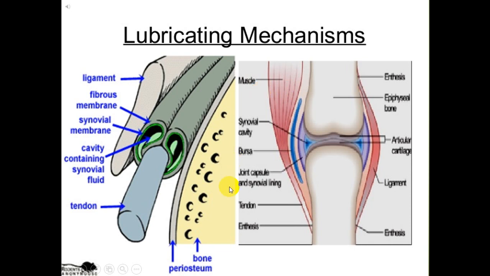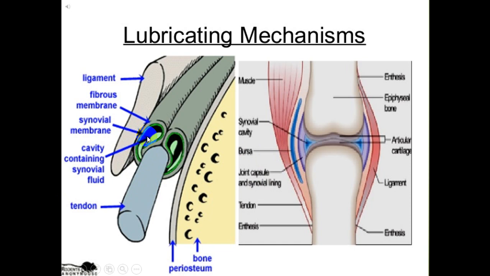Then when the muscle tendons are passing under cover of a fibrous sheath, for example, the fibrous sheath present in the digits, which we have already studied in the upper limb and lower limb also, the muscle tendons are surrounded by, or better to say they are invaginating, a synovial sac, which is called the synovial sheath here.